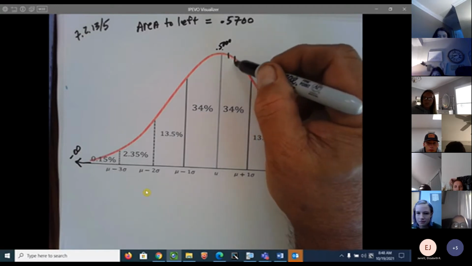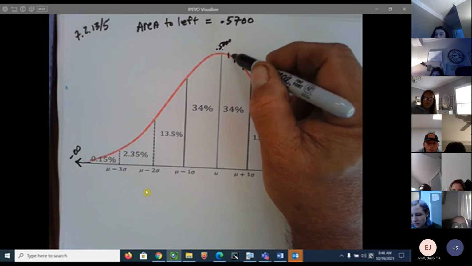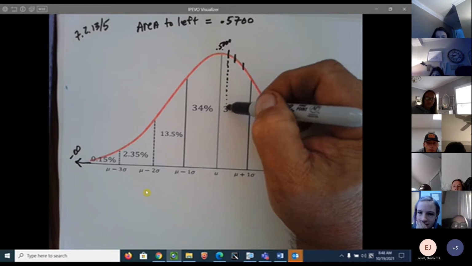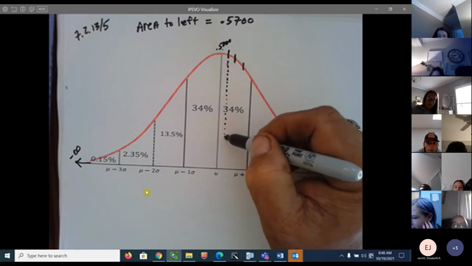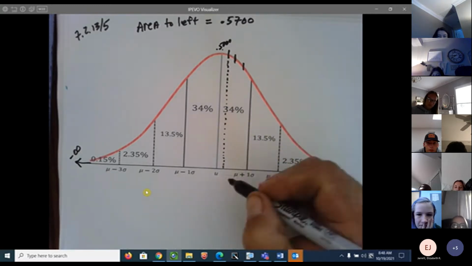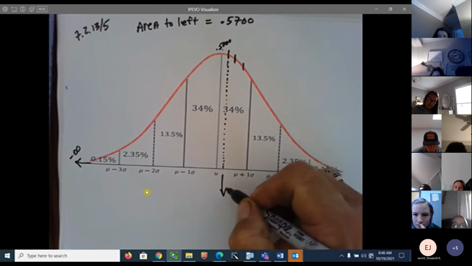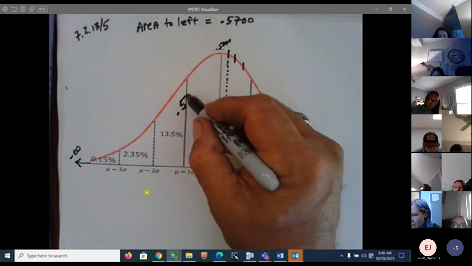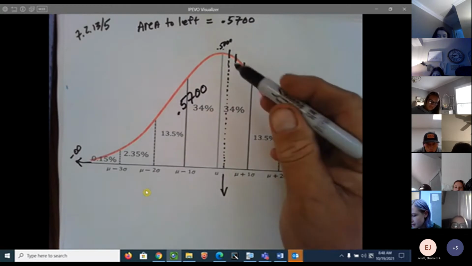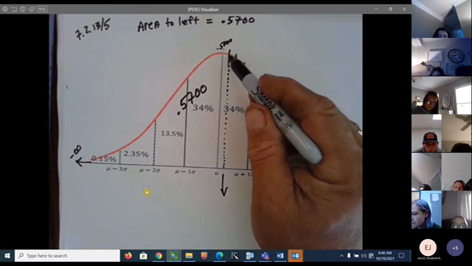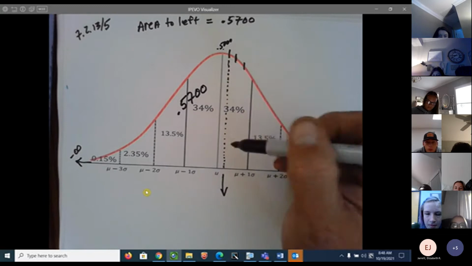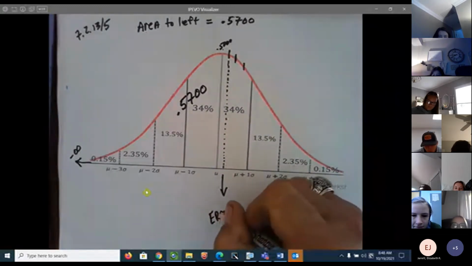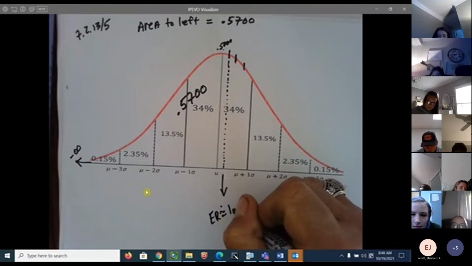So 58 would be right about here. So I'm going to guesstimate by the empirical rule that 58 or 0.5700 is going to fall around, let's see, that's a quarter, 1.25 or 1.2. I'm going to say by the empirical rule, 1.20.